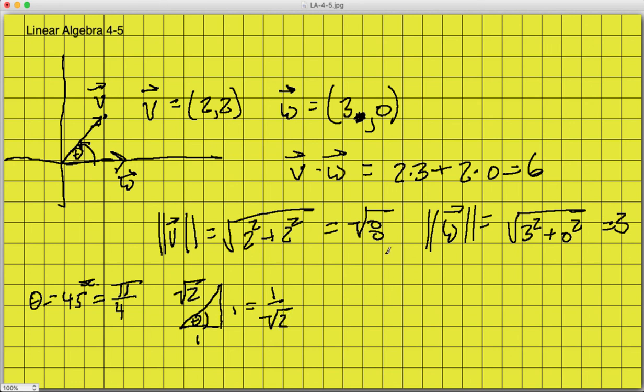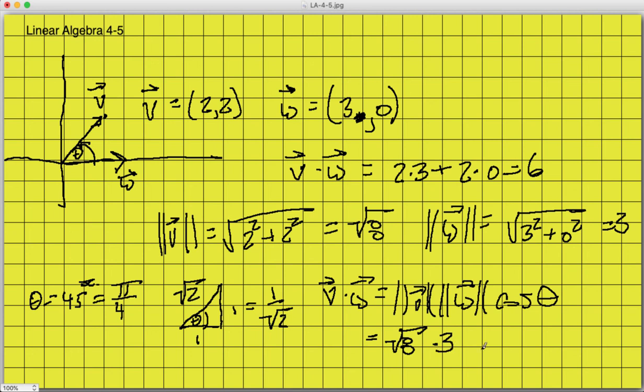So now I get that V dot W is equal to the magnitude of V times the magnitude of W times the cosine of theta. Well, the magnitude of V is radical 8. The magnitude of W is 3. And the cosine of theta is 1 over radical 2.